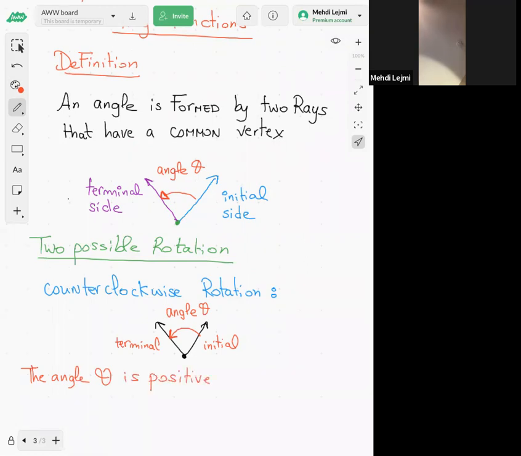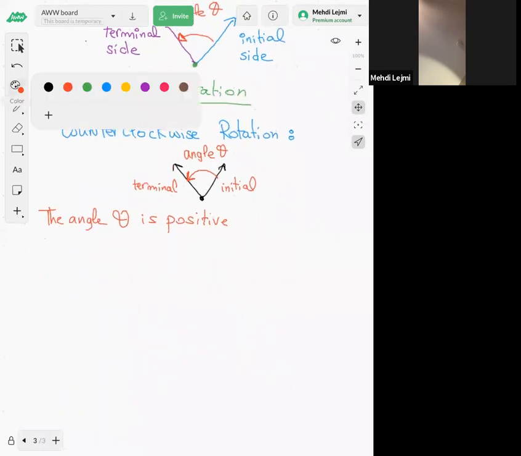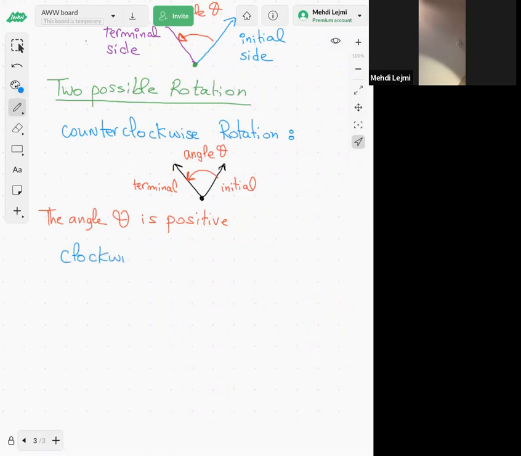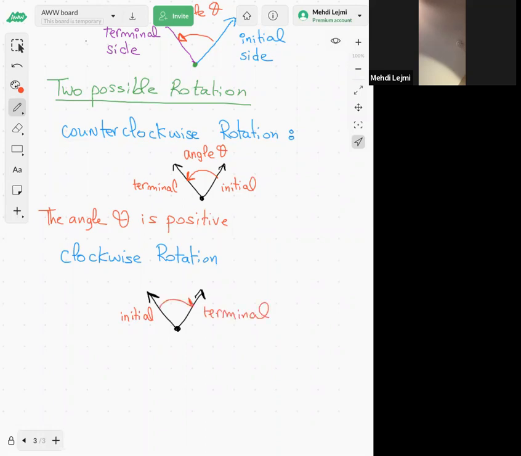Okay, now if you have a clockwise rotation, and you go from this initial side to this terminal side, right?